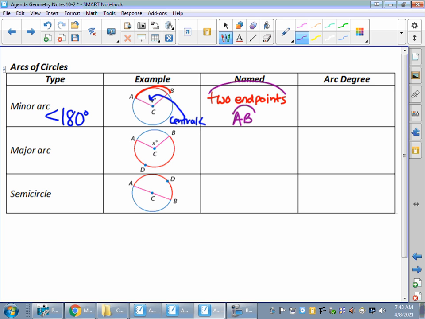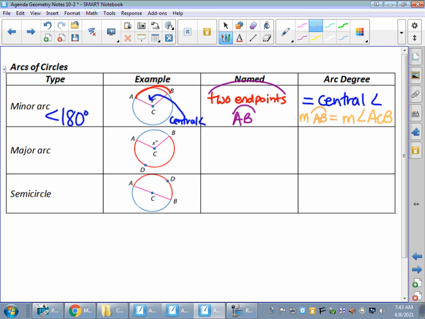And the arc degree is equal to the central angle. So whatever the central angle is, that's what the measure of the arc is as well. So I could say in this particular example that the measure, I'll do a small m, of arc AB is equal to the measure, remember that small m means measure of, it is equal to the measure of angle ACB.